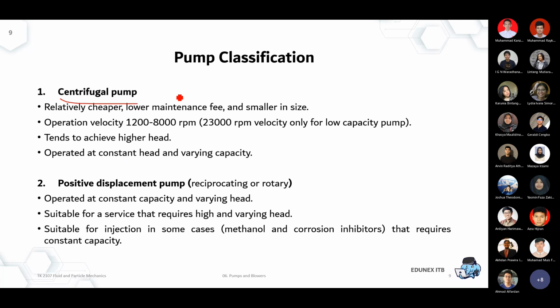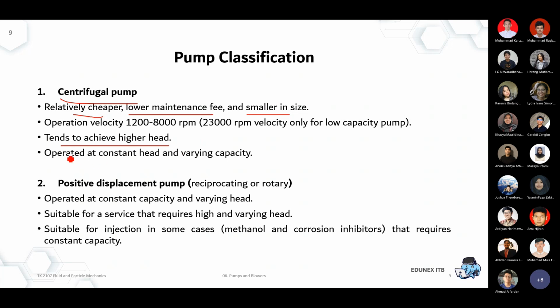So why is it very popular? It's the most popular pump, I would say. Why? Because it's relatively cheap, it's easy to maintain, relatively small in size, and available in a lot of different capacities. It also tends to achieve a higher head. That means you can increase to a very high discharge pressure. It's doable using a centrifugal pump.